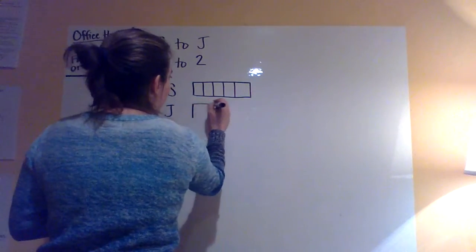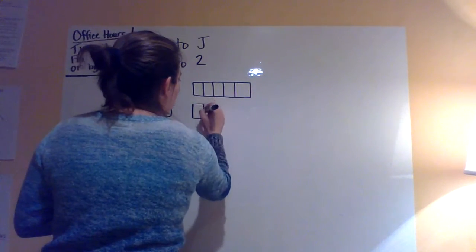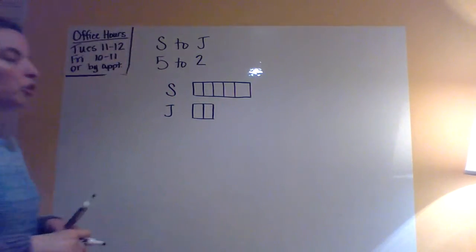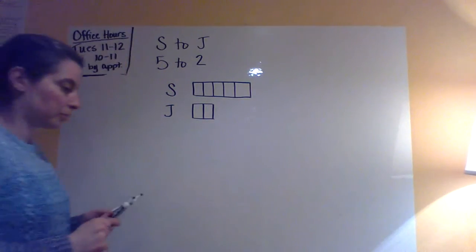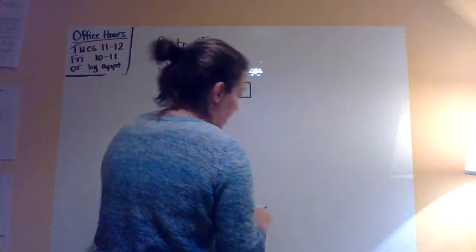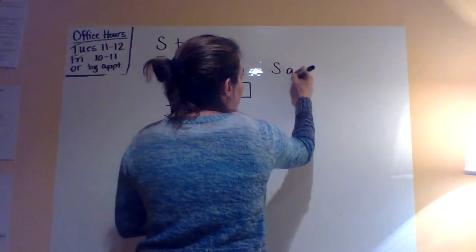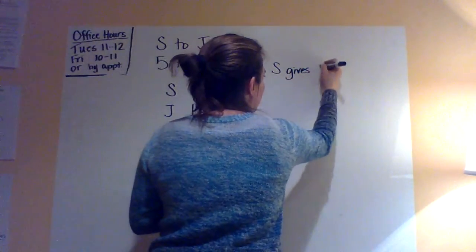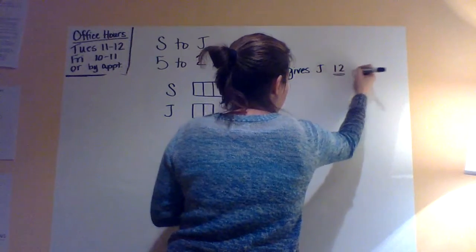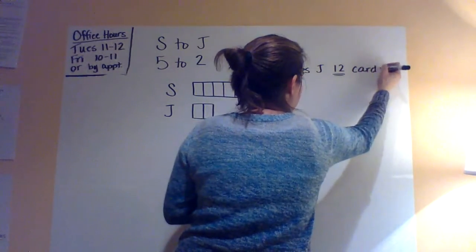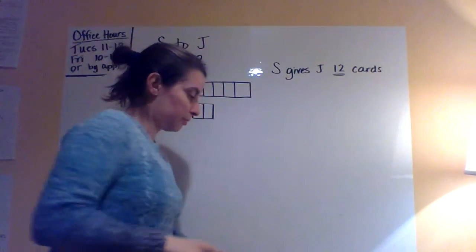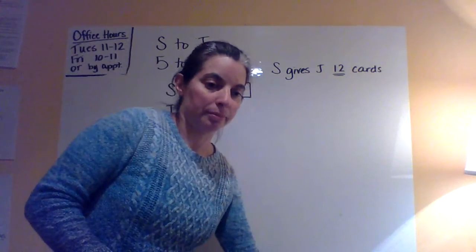And Jessica has cards that can be split into 2 of those equal parts. So again, after Shantae gives Jessica 12 cards, then they have the same number.